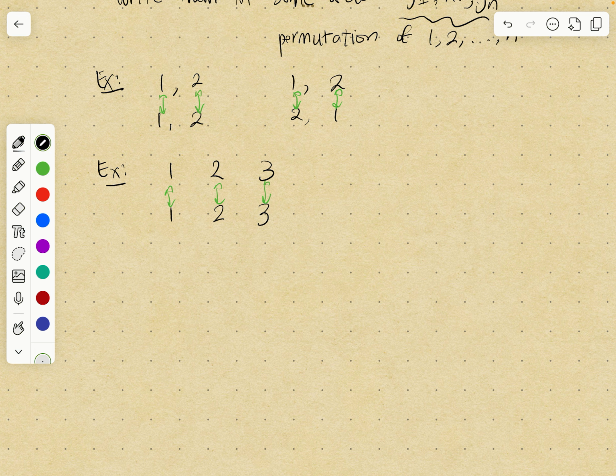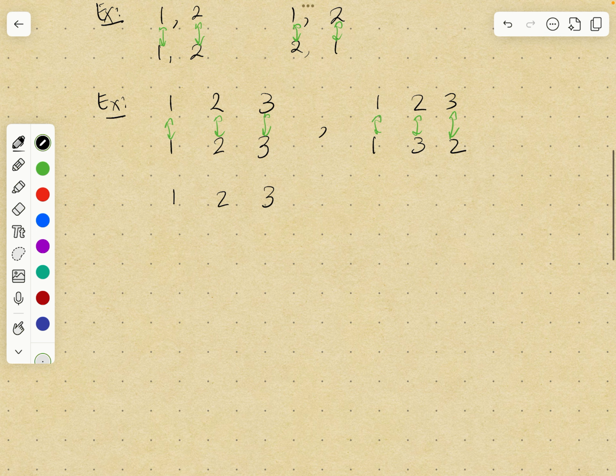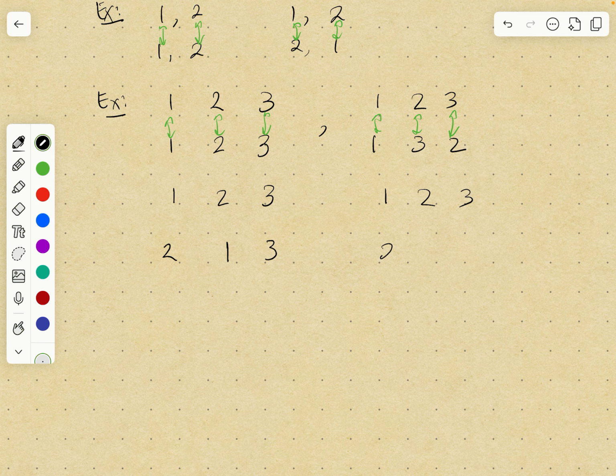You can have 1 goes to 1, 2 goes to 3, and 3 goes to 2. Those were the possibilities where 1 goes to 1, but you can also have 1 go to 2. And then 2 and 3 will have to go to 1 and 3. So you can have 2 goes to 1 and 3 goes to 3. Or you can have 2 and then 3 and then 1.